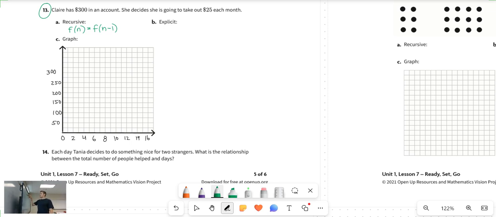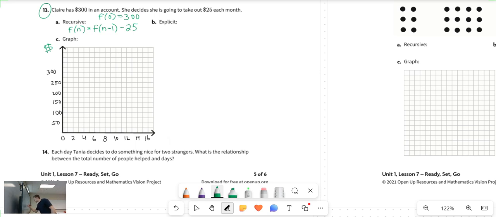The function of n equals the function of n minus 1 minus 25, right? Because she's taking out 25 each time. And then f of 0 equals 300, right? That just means that we should add on that this is dollars.